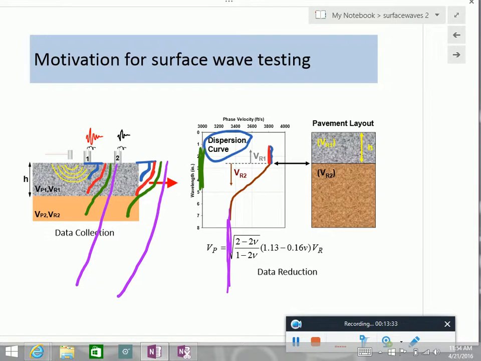If we are only interested in the velocity of concrete, we can get it very easily. Basically, this part is the velocity of concrete, and then this will go towards the velocity of the second layer. So in a very simple case of a two-layer system, you don't need to do any kind of inversion, any kind of back calculation like in tomography. It becomes very simple.